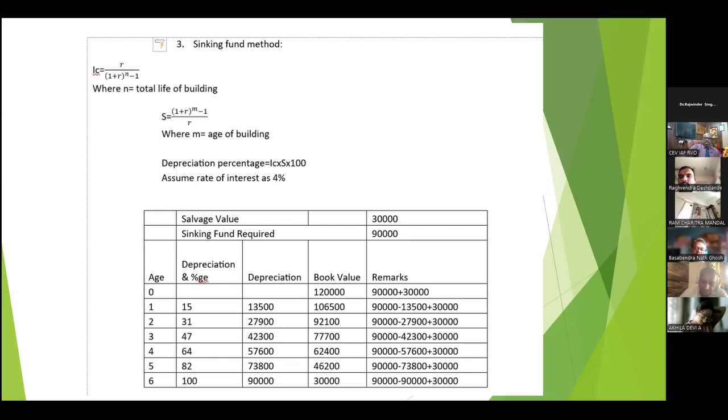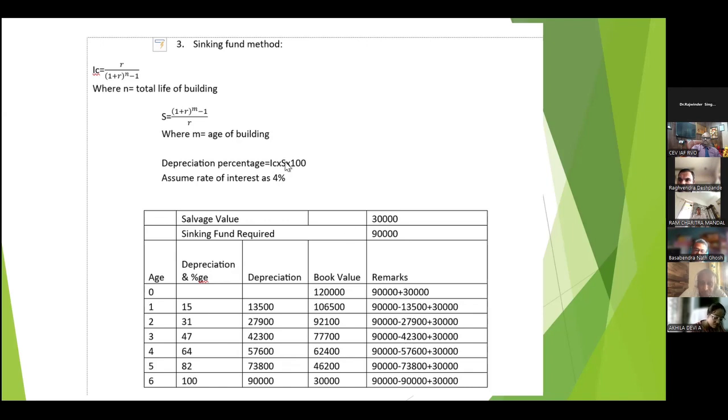Minus salvage value. Minus salvage value means you have to accumulate 90,000. So we can write it as, at the start of the age of the building, we can write its value not as 1,20,000, we can write it as 90,000 plus 30,000, just to make the things understandable.